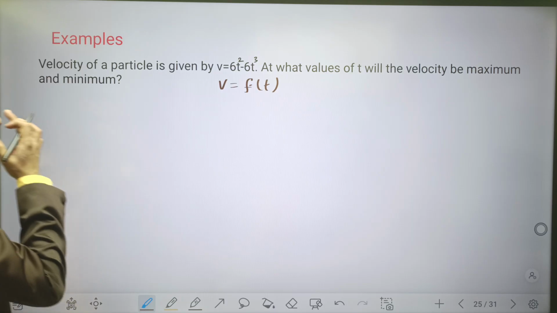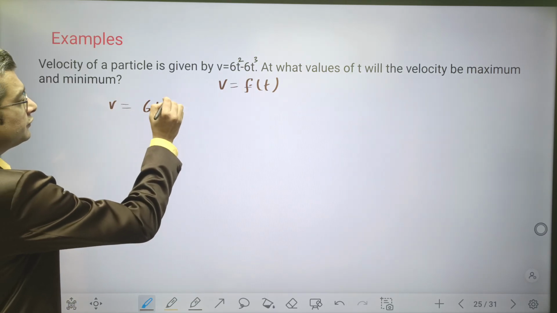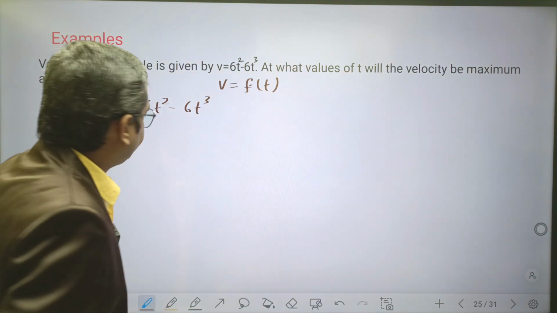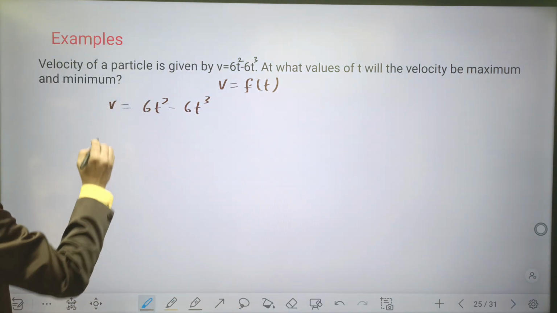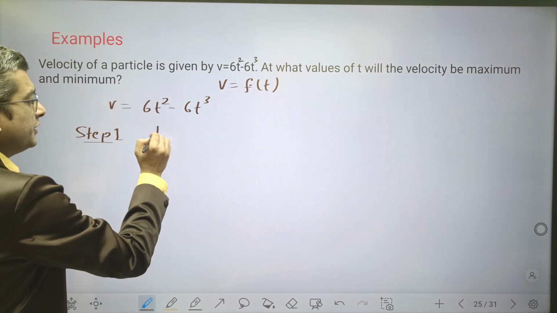So what we do, first write the expression v is equal to 60t square minus 60t cube. Now for maxima or minima, the very first step, step number 1, put dv by dt equal to 0.